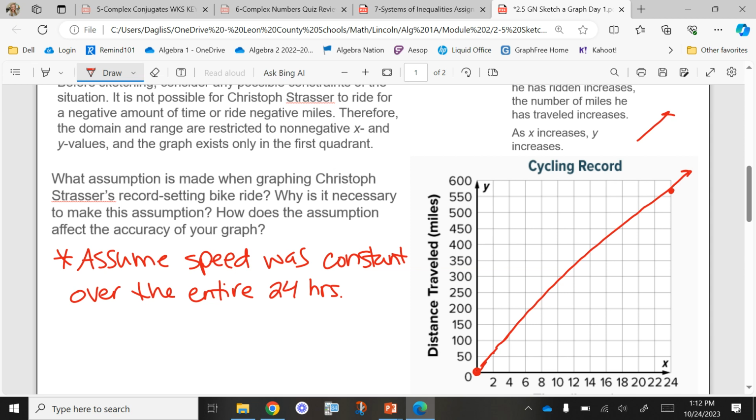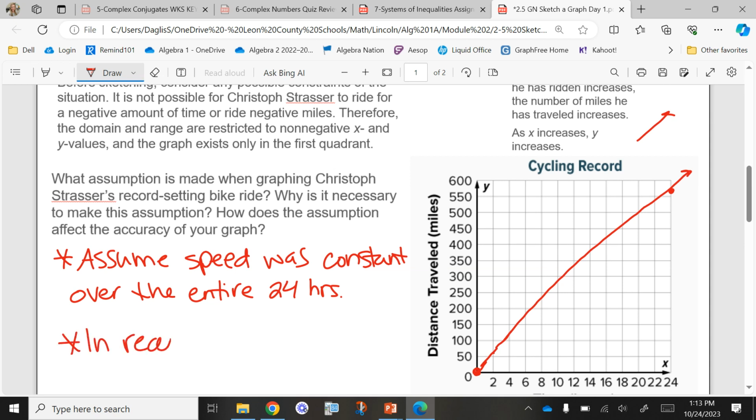All right, so it's important to make the assumption that we made that his speed was constant to be able to draw the line, okay? But in reality, do you really think he rode his bike at the exact same speed for 24 hours straight? No. Probably not, okay?